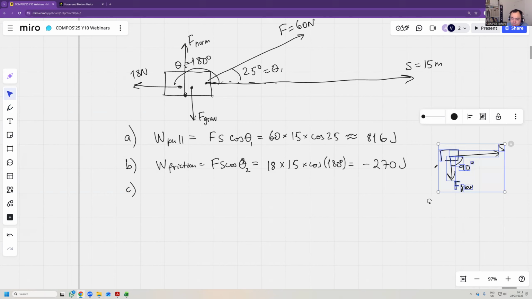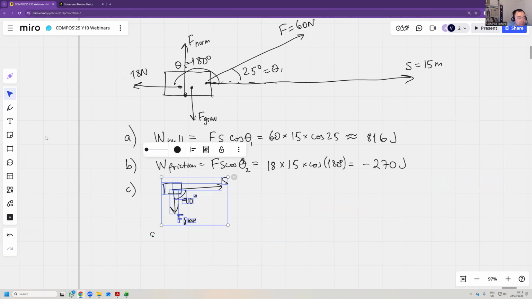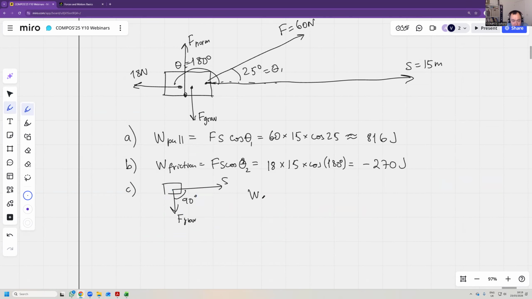So as the box moves, work done by gravity is equal to force of gravity, which we don't necessarily know, times the displacement times cosine 90 degrees. But cosine 90 degrees is 0, therefore gravity does 0 joules of work.